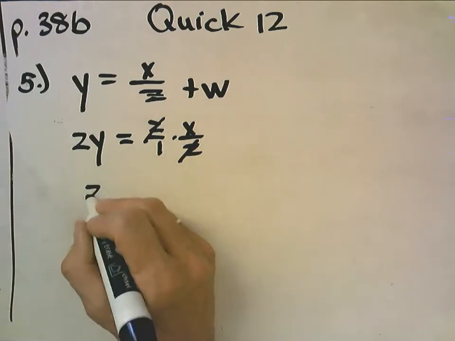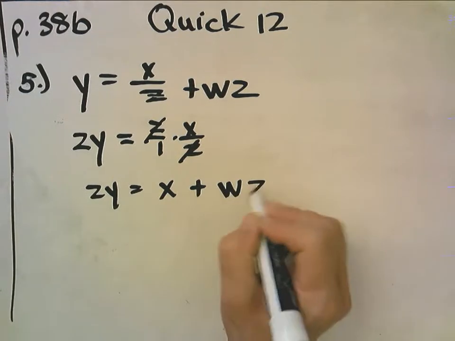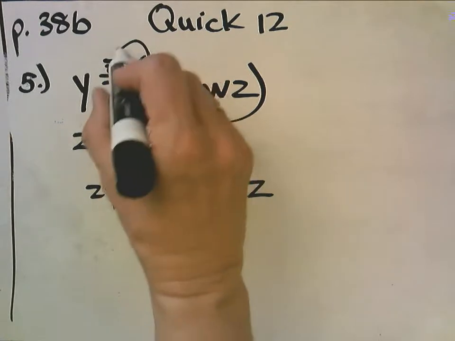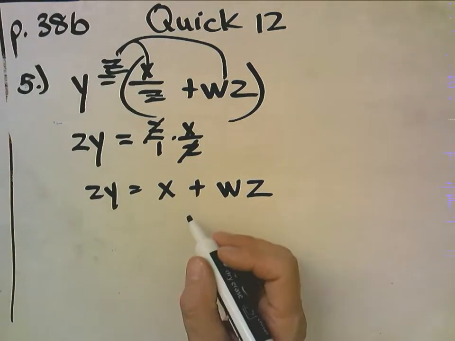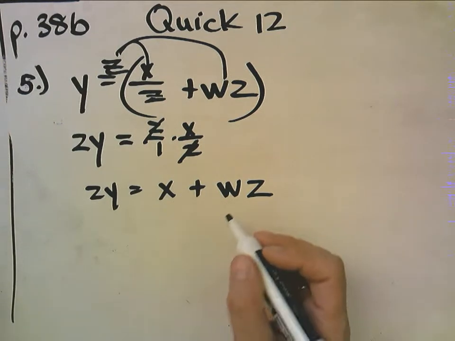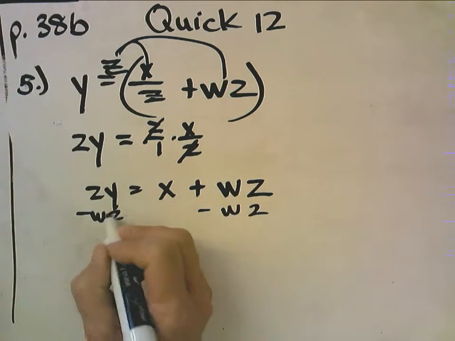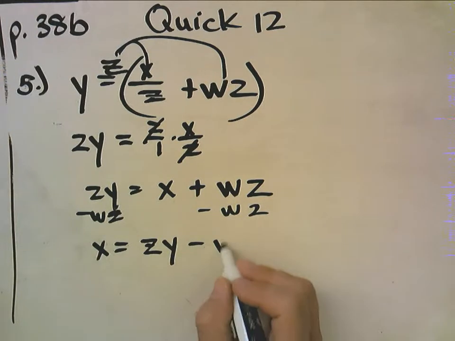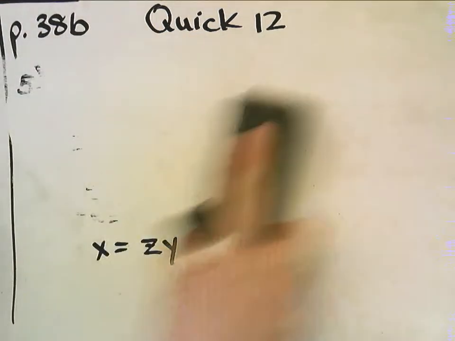I'm left with zy equals x plus wz. Now, here, I multiplied by z. Make sure you multiply both terms by z. So now I am solving for x. So I just subtract wz from both sides, and I get x equals zy minus wz. Okay, remember, never deal with fractions, multiply by the common denominator.